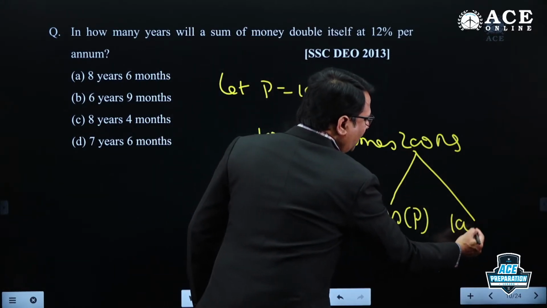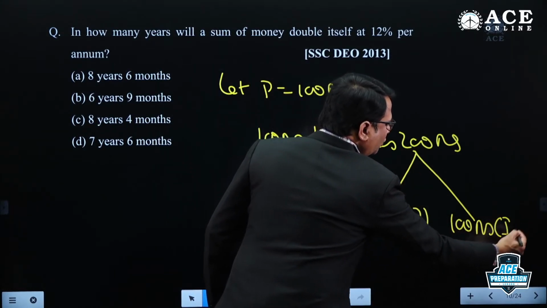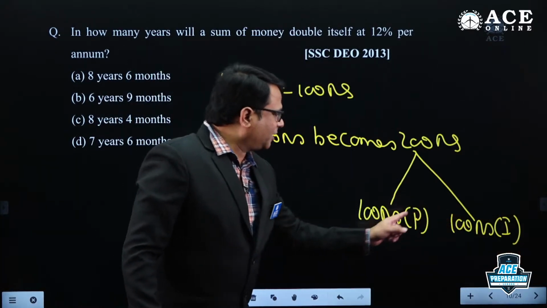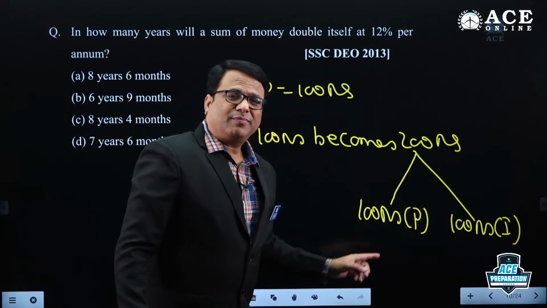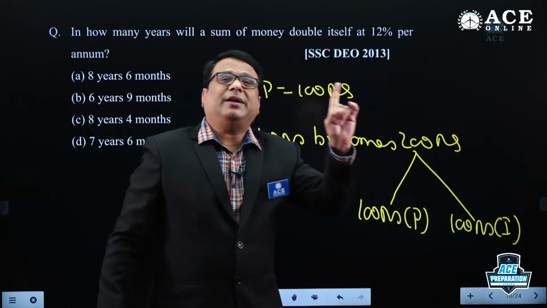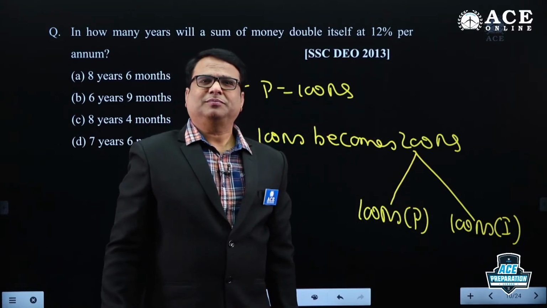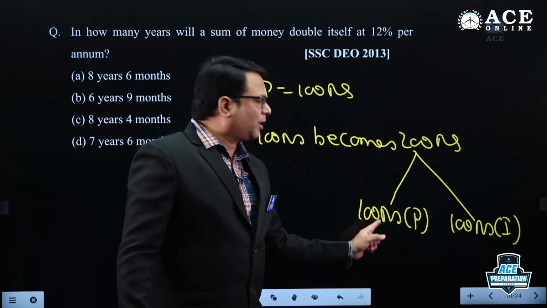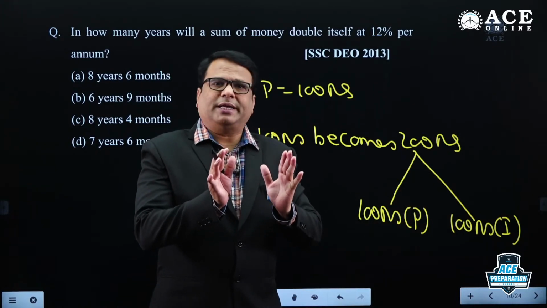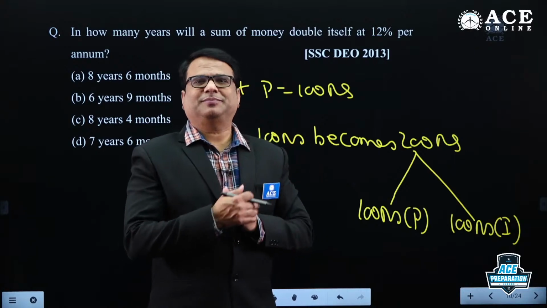And what is the remaining 100 rupees? The remaining 100 rupees is interest. Now you can see interest and principal both are equal. Then I say when the sum gets doubled, interest is 100%.